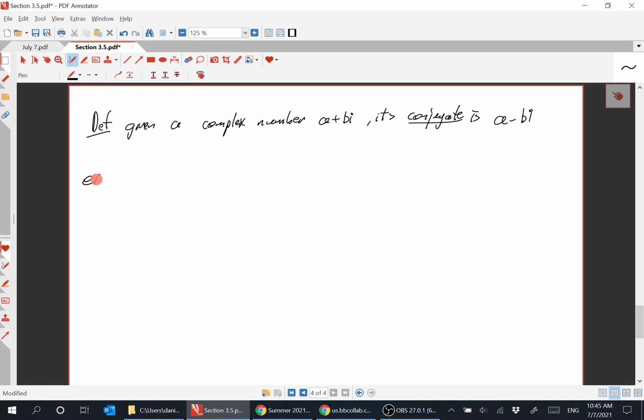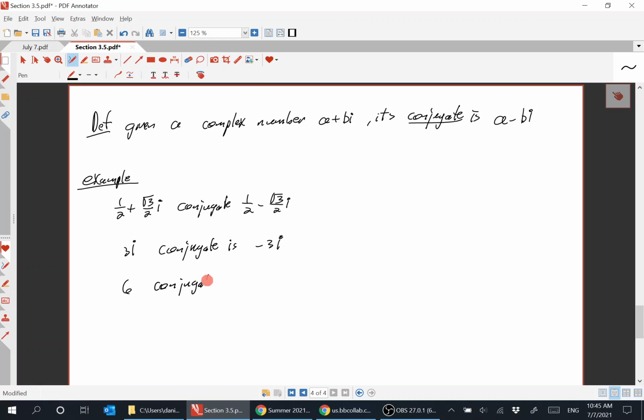So, for example, 1/2 plus root 3 over 2 i, its conjugate is 1/2 minus root 3 over 2 i, like in that last example. 3i conjugate is minus 3i. You just negate the imaginary term. And 6 conjugate is 6. So when you want to conjugate a real number, it's just the same number back.